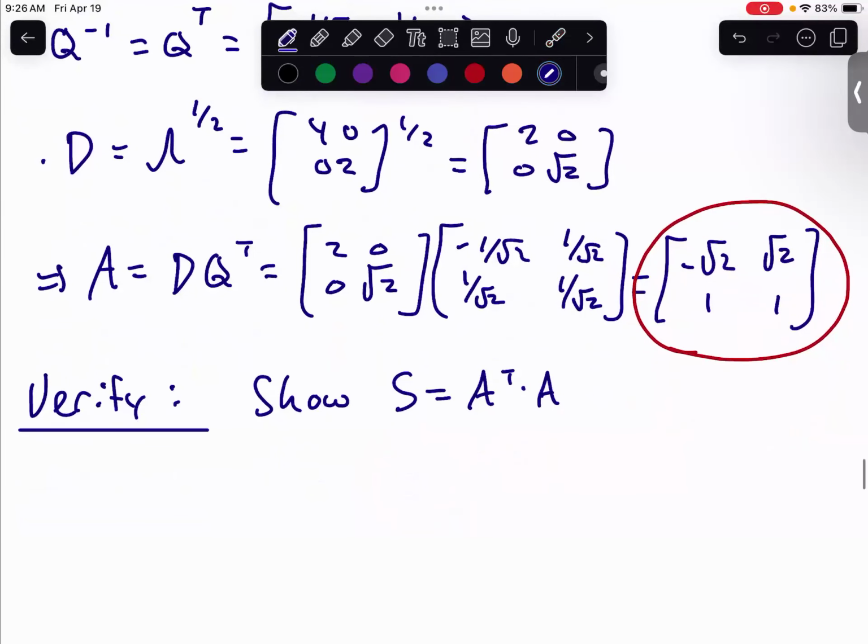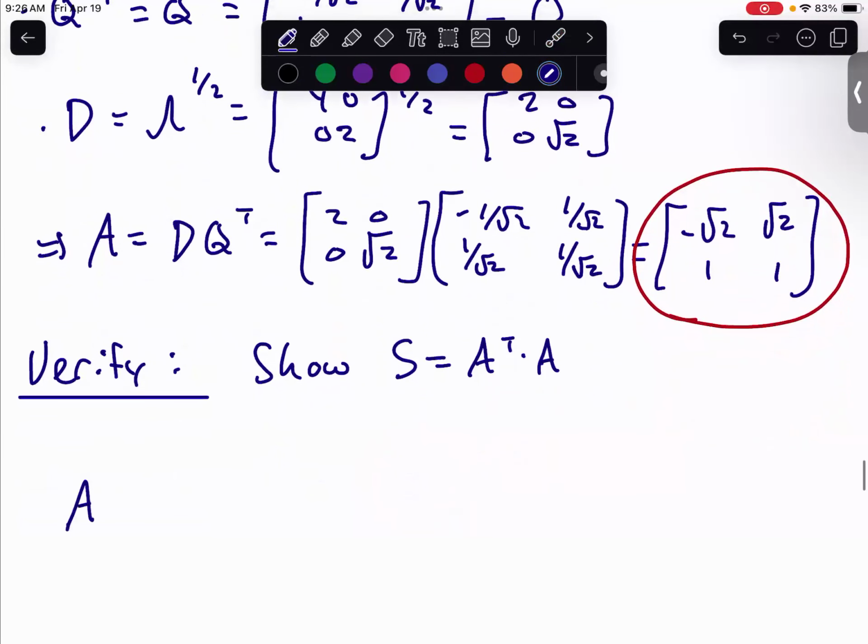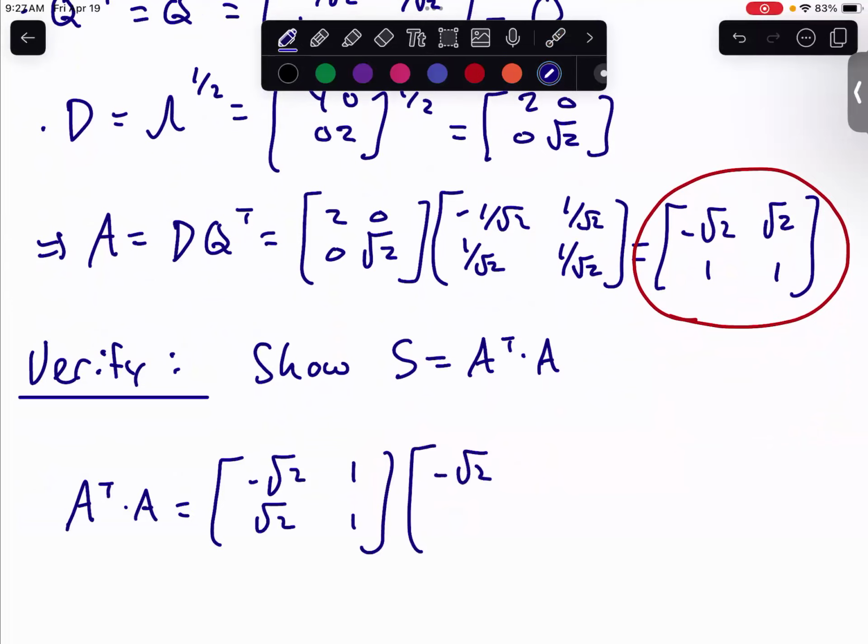So that's how you can check. So we have A transpose times A. A transpose is equal to minus the square root of 2, 1, square root of 2, 1. And then you multiply by the minus square root of 2, square root of 2, 1, 1.